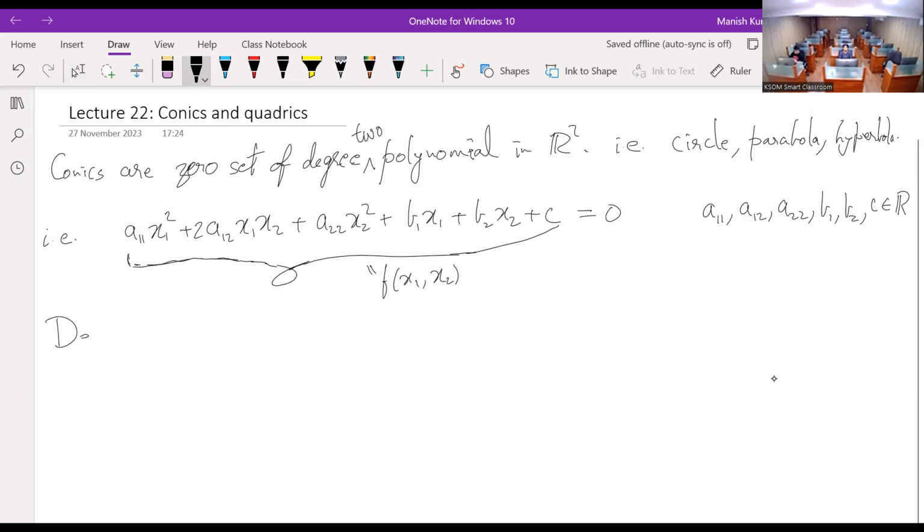For example, consider the equation x1 square plus x2 square plus 1 equals 0. What is the zero set of this equation?